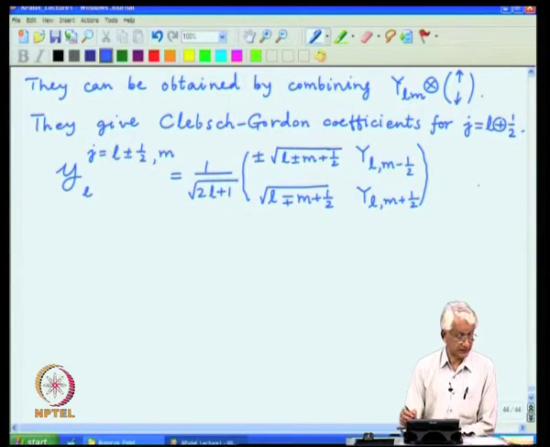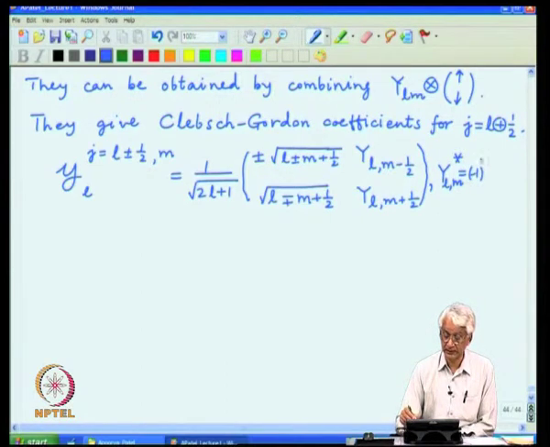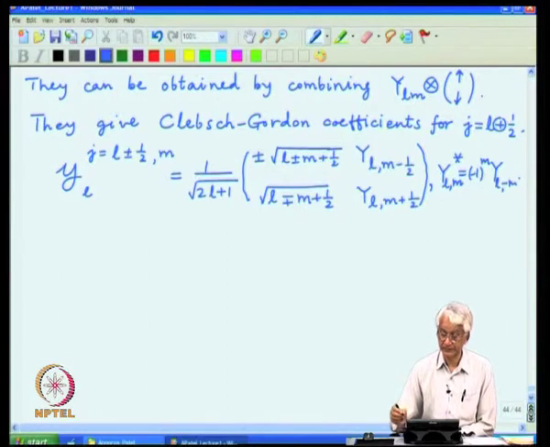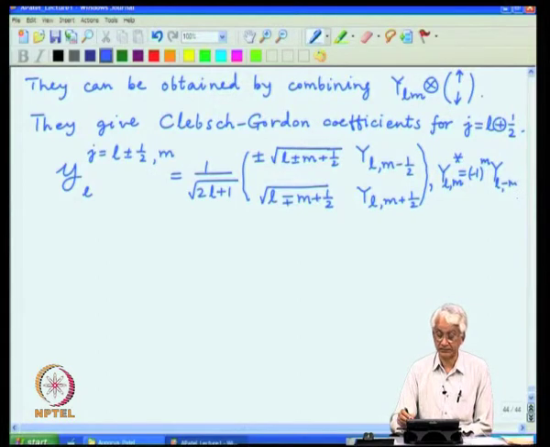So, this is a standard result of doing some Clebsch-Gordon algebra, and it is in the particular convention where the complex conjugate of the spherical harmonics is minus 1 raised to m times the spherical harmonics with index minus m.